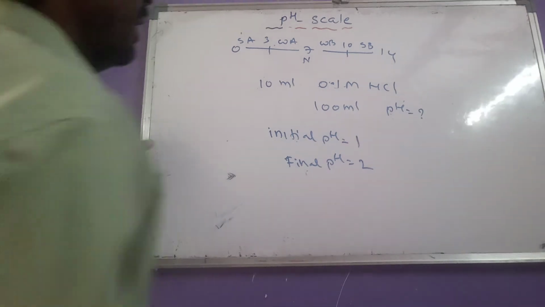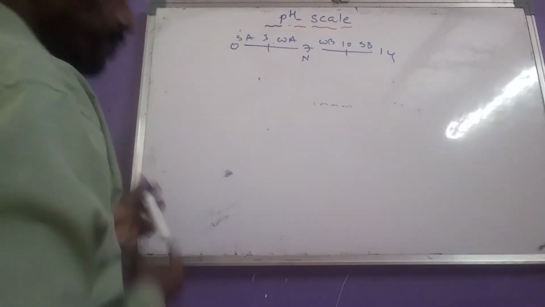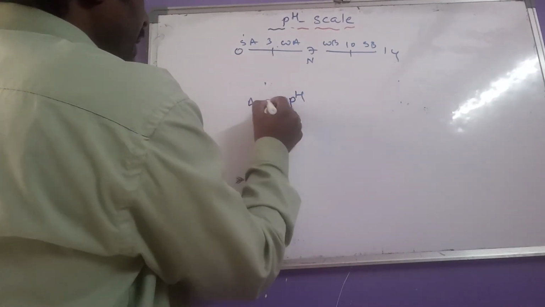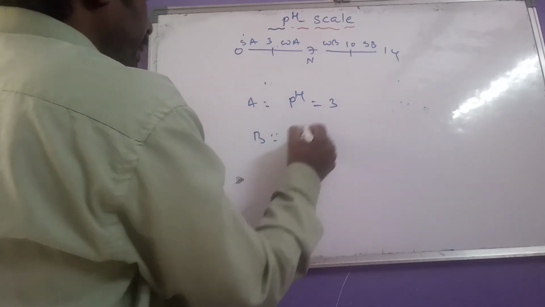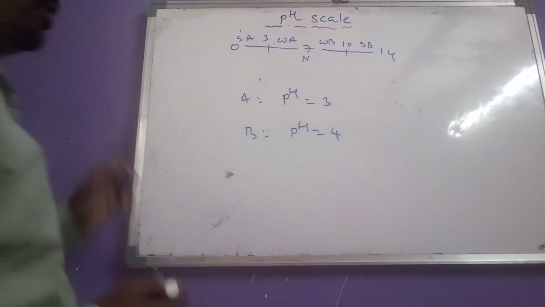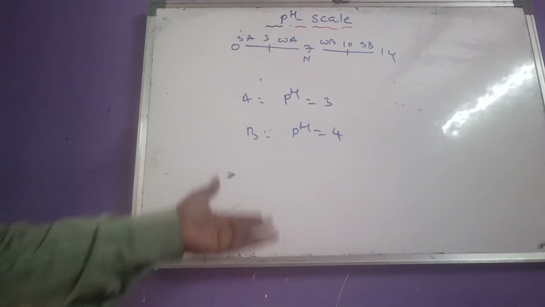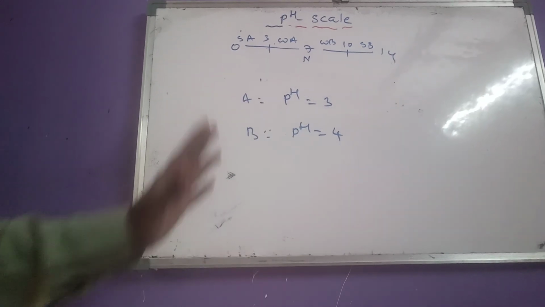Okay, now another question I give here. What is that? The pH of acid A is 3 and acid B pH is 4. Now the question is which is a stronger acid. We can tell that pH 3 means stronger acid, B is weaker acid.